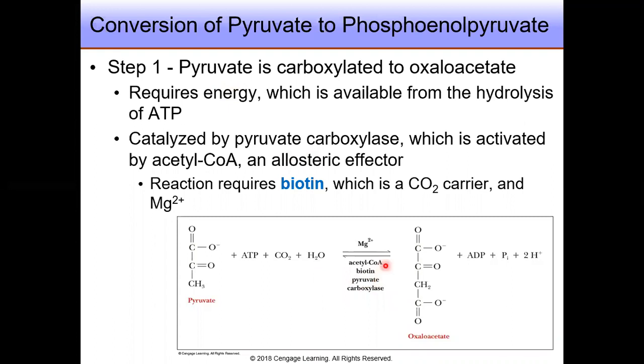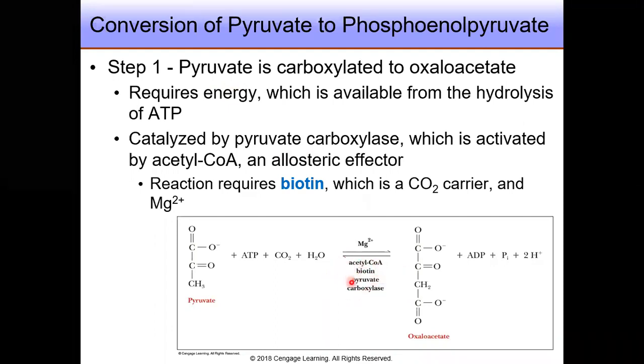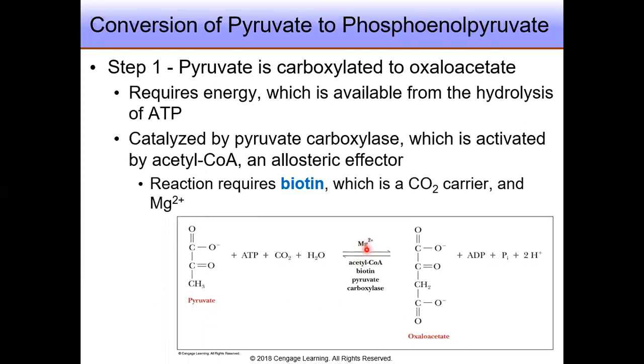This enzyme is activated by acetyl-CoA, an allosteric factor, and requires biotin coenzyme. This biotin is a CO2 carrier in addition to a metal ion Mg+2. So all of these are required.